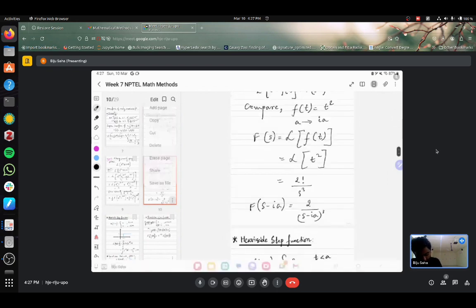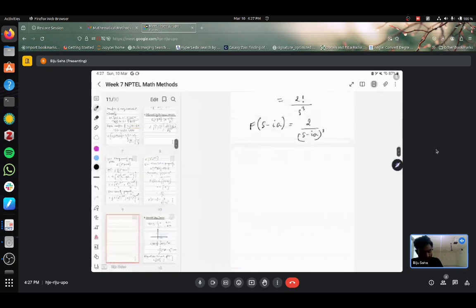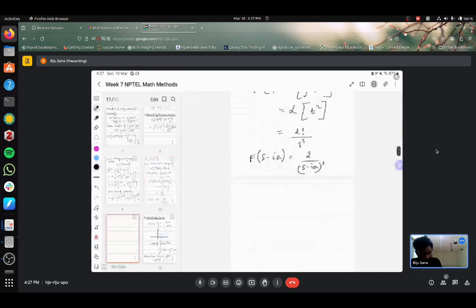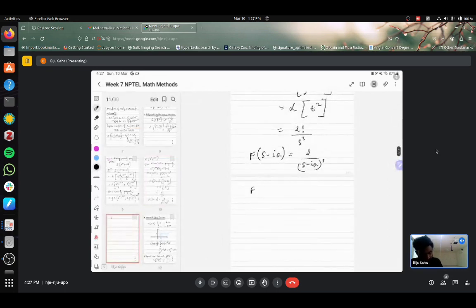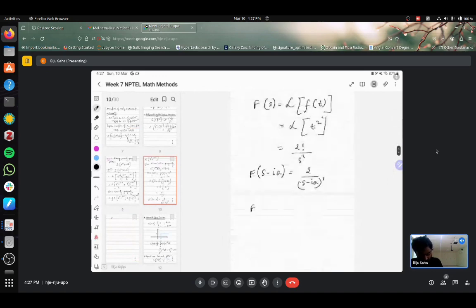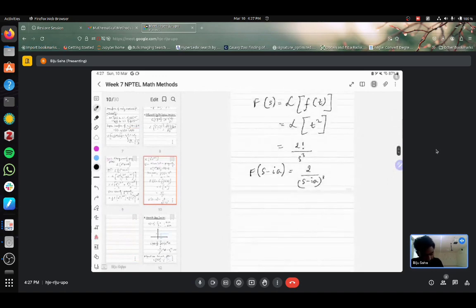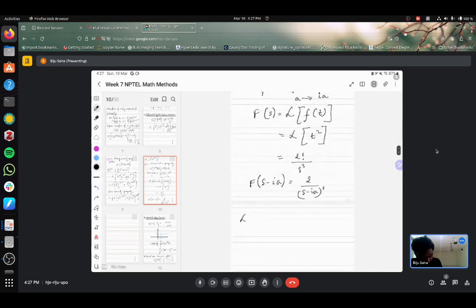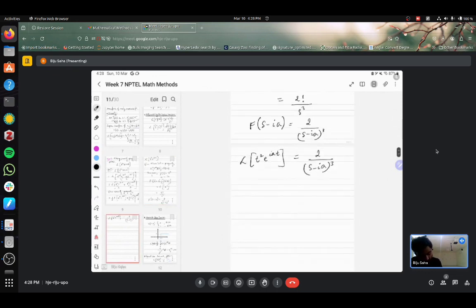So we have just used the various properties. We did not use any kind of difficult integration. Similarly you can also get the second term. You can carry out this yourself and see the Laplace transform for minus iat.